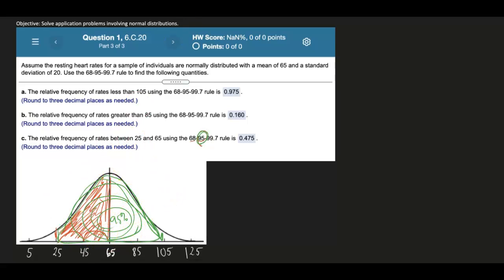But we only want half of that to get this red region. So if we take 95% and divide that by 2, we have 47.5%. Again, because it's asking for relative frequency, we'll move that decimal 2 places and write it in its decimal form instead of its percent form.